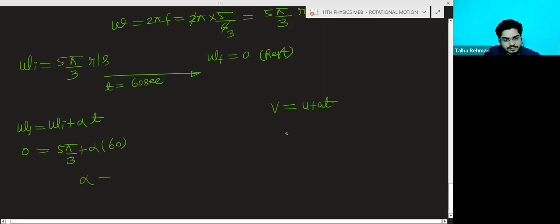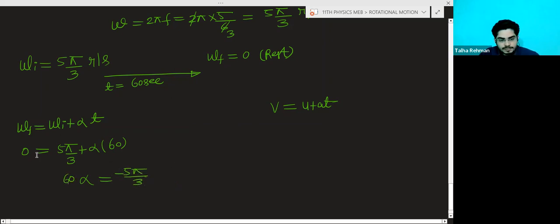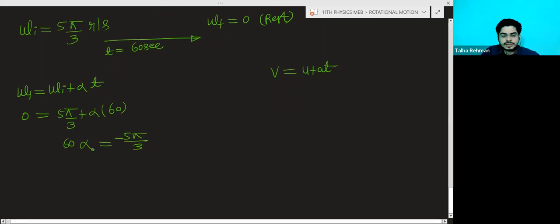So we get 60 alpha is equal to minus 5 pi by 3. You will get alpha is equal to minus 5 pi divided by 3 and multiplied by 1 by 60.